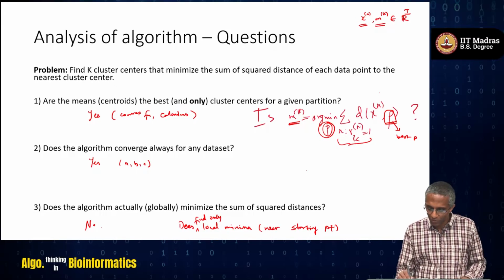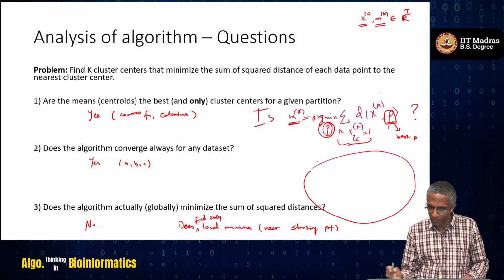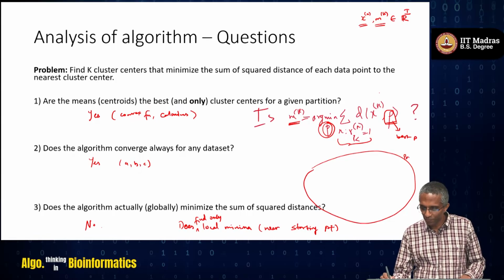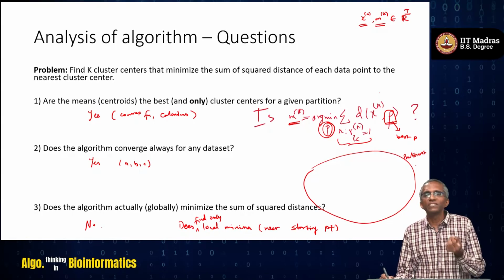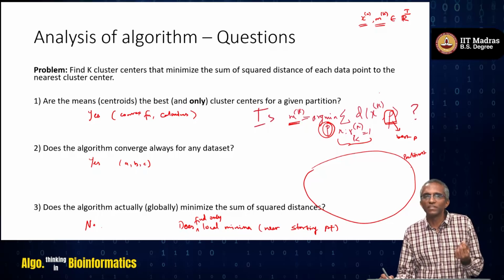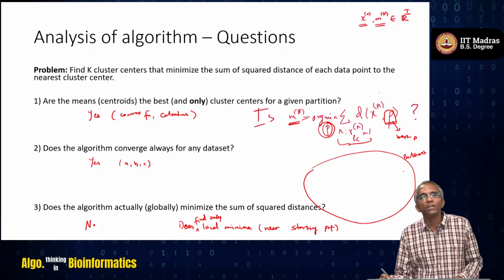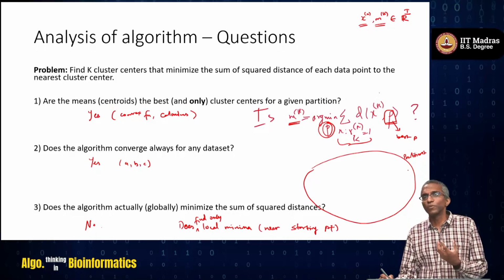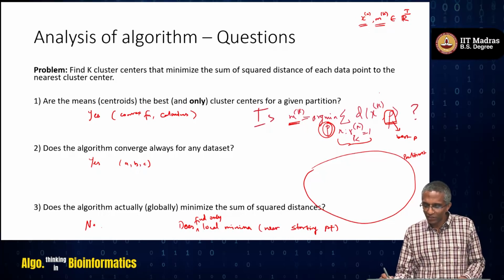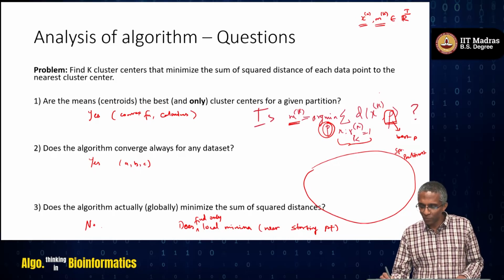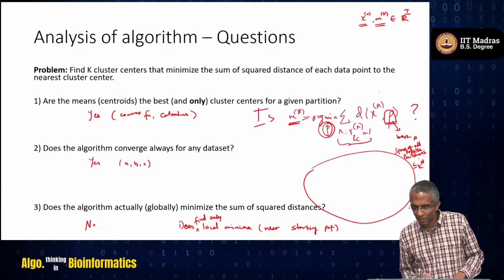Okay. So, you have this whole set of partitions that are possible. Partitions are essentially each data point is assigned to one of the k centers, right, and then the k centers are the centroids of the points that are assigned to it, right. So, this is the space of all possible partitions, and we have said that this is at most k raised to the power n, right.